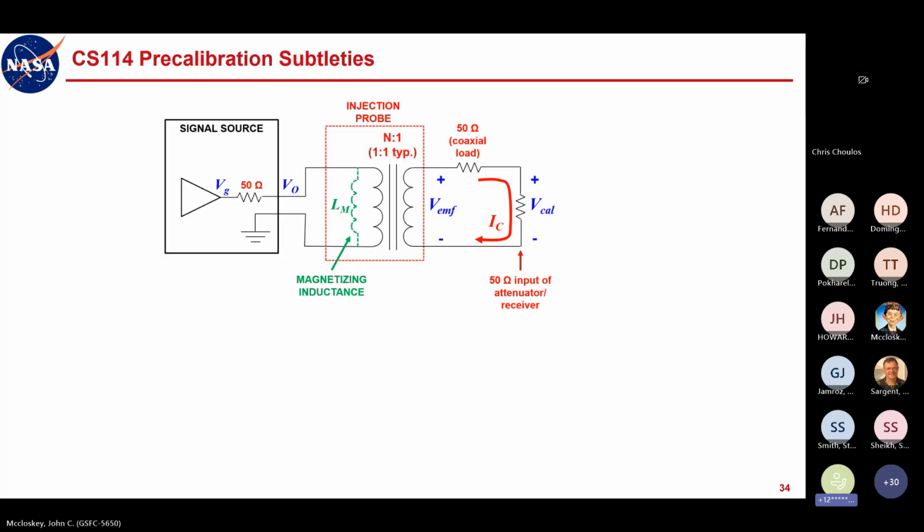Okay. Now let's look at some subtleties of this pre-calibration step. This is an equivalent circuit here. The injection probe is functioning as a transformer. The primary is the coil of wire that wraps around the magnetic core of the probe. The secondary is your cable under test, the loop formed by the cable under test and the ground plane.